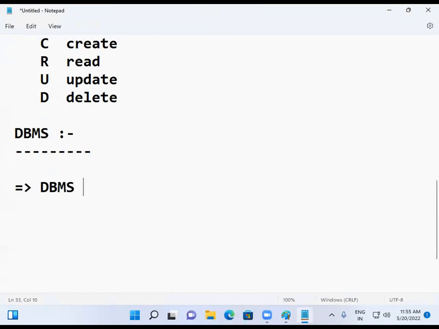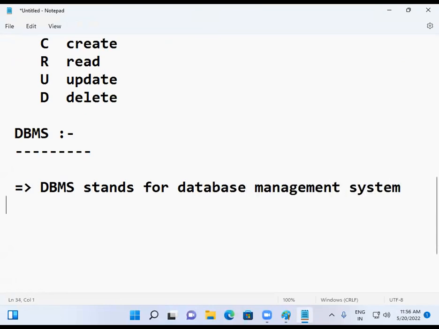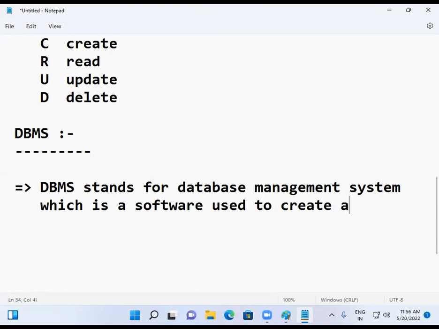DBMS stands for Database Management System, which is software used to create and to manage a database.